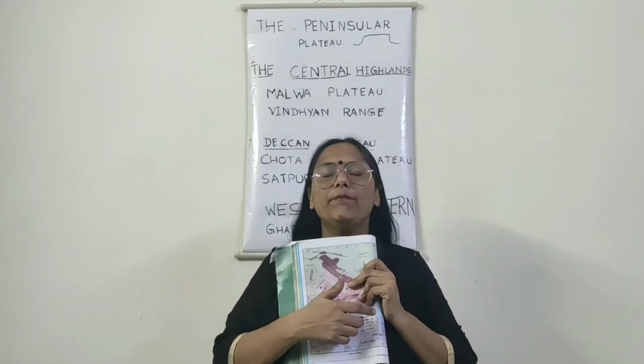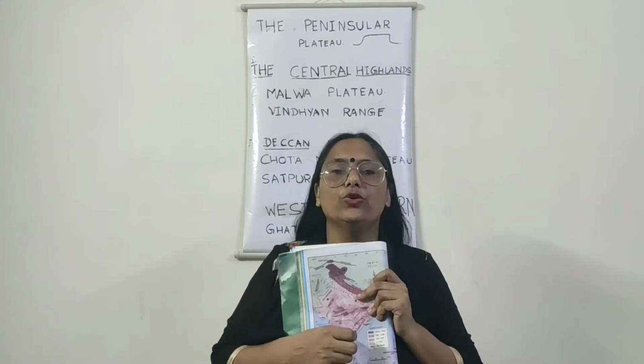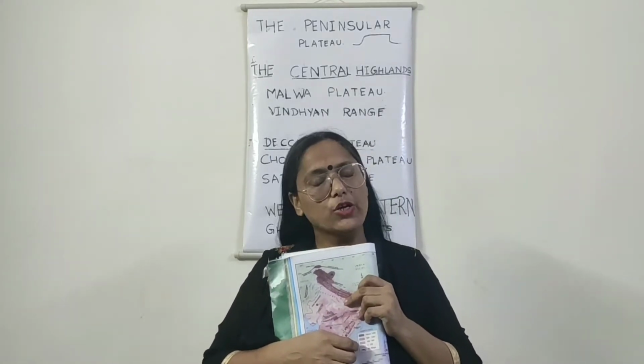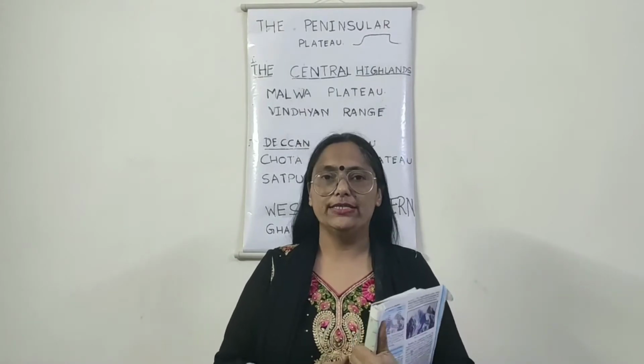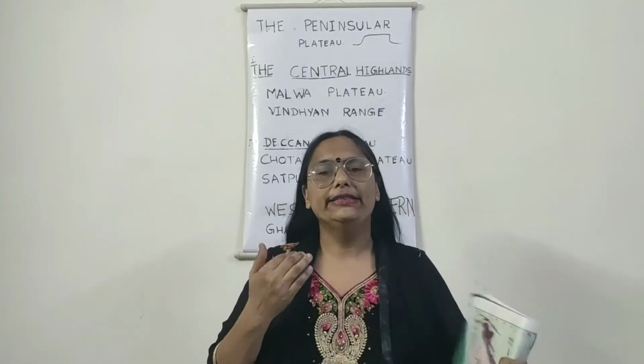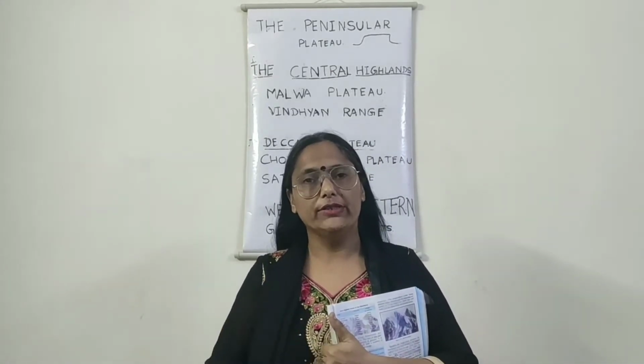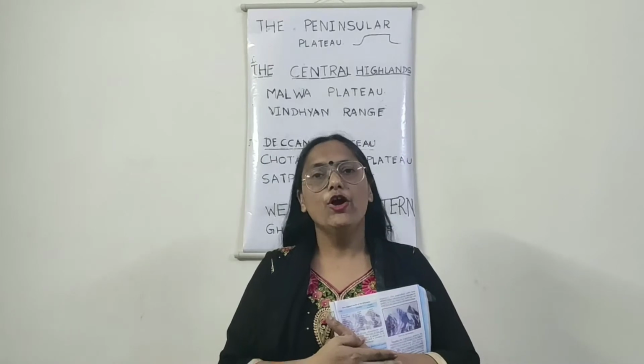The area between the Bay of Bengal and the Eastern Ghats is known as the Coromandel coast. Apart from that, this is your desert area, which I will be explaining after the Western Ghats.